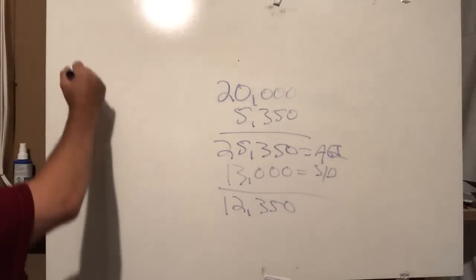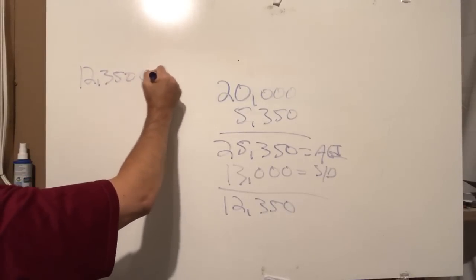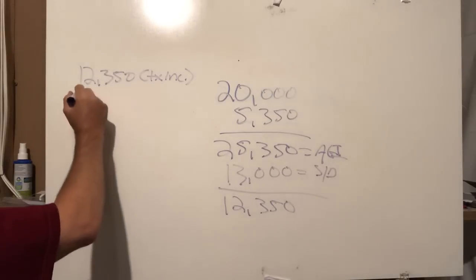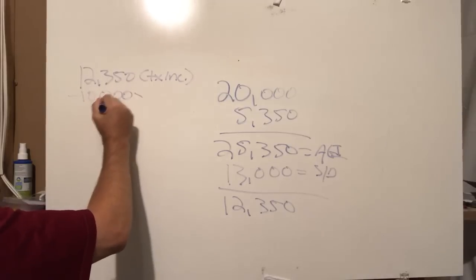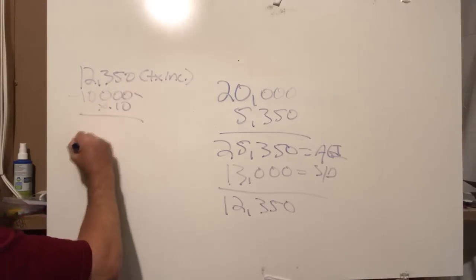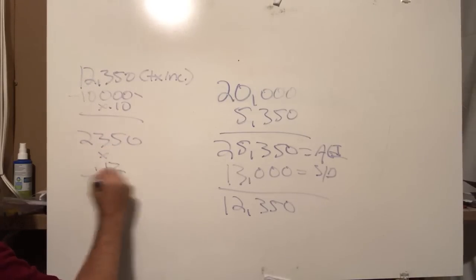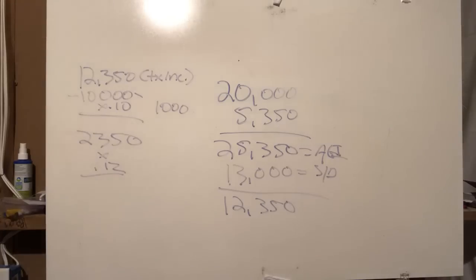I think we'll just say the first 10,000 is subject to 10%, so 10,000 times 0.10, and then 2,350 times 0.12. All right, so that'll give us $1,000 there, and 2,350 times 0.12 is 282.